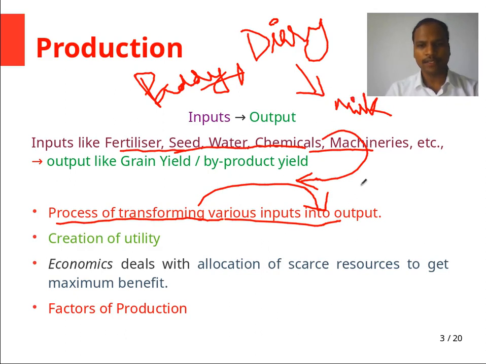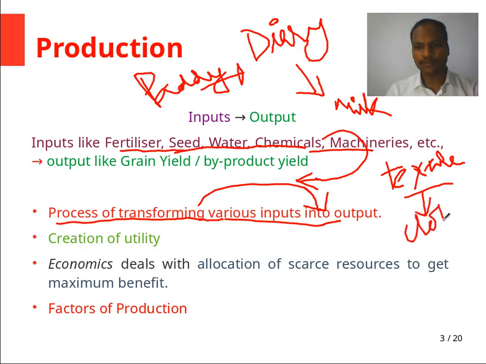In other industries also, when we talk about the textile industry, the producer uses yarns, labor, buildings, machineries, etc., and they get the output as cloths, and that is all distributed to the people.